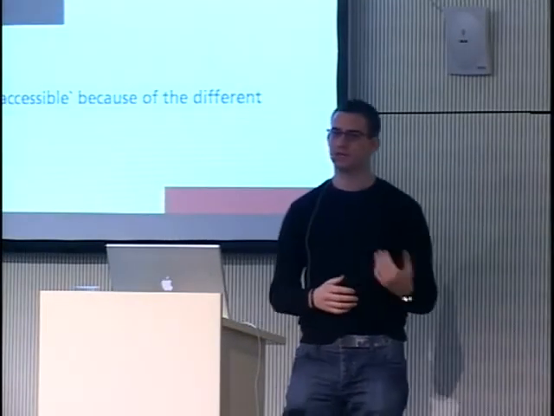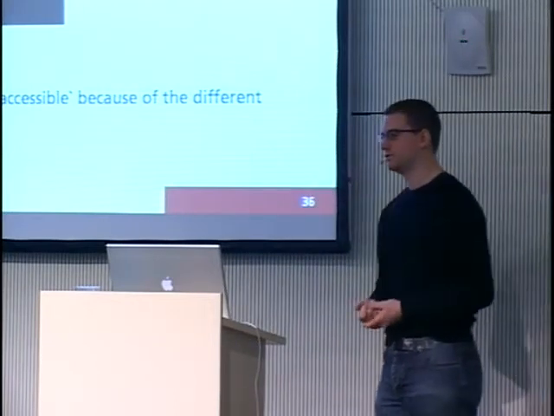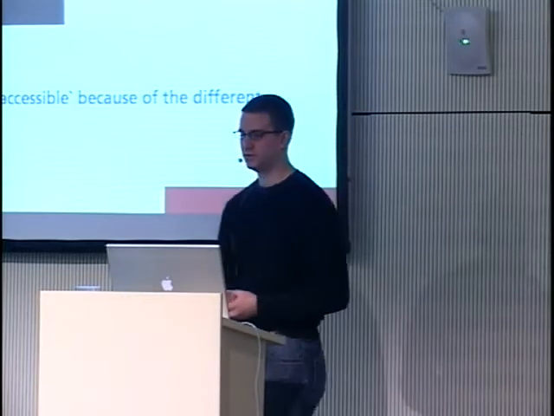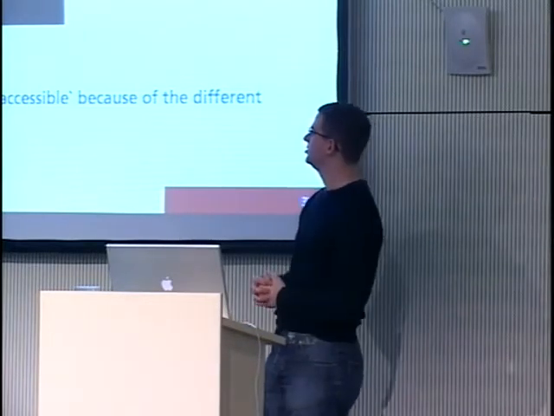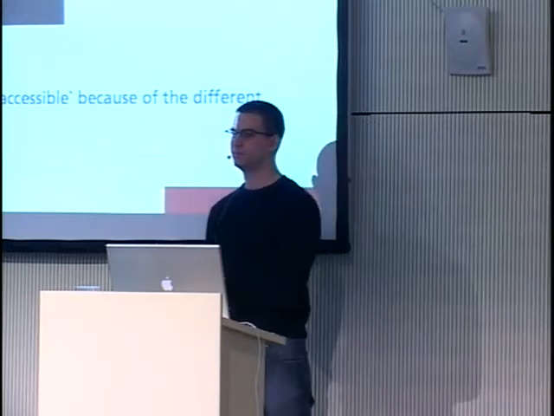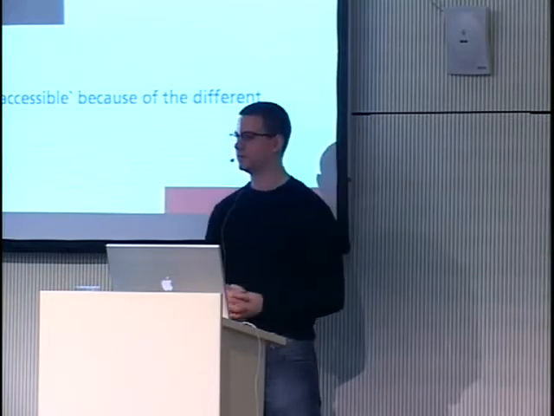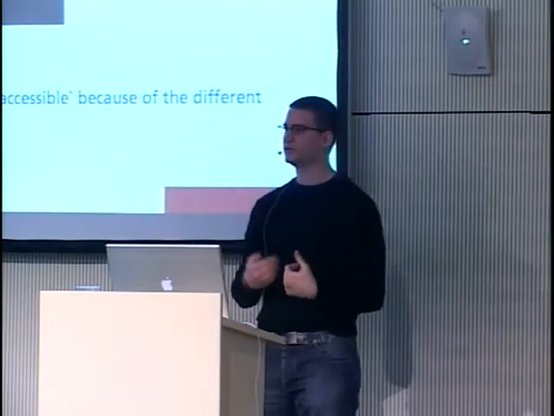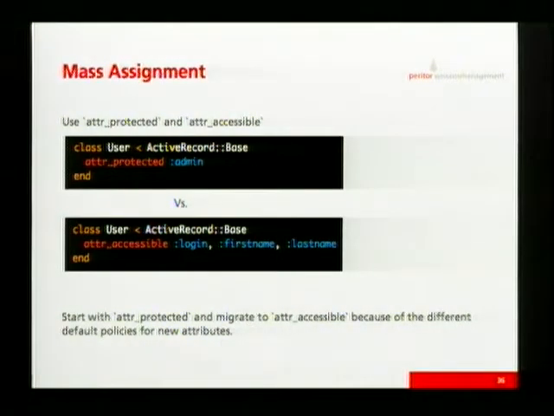So this will protect against it, and in Rails 2.0 it will raise an exception, and in Rails 1.2 it will just ignore the values. An even better approach is to not list the forbidden attributes, but list all the allowed attributes using attr_accessible, because this way you're on the secure side if you ever add new attributes. If you forget to add them to this list, they're not vulnerable, they're protected by default.